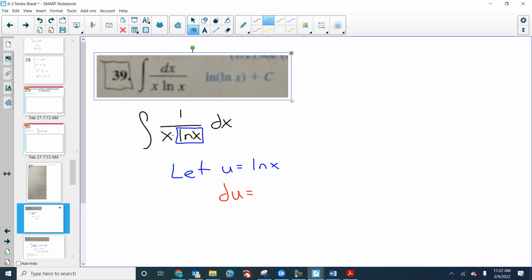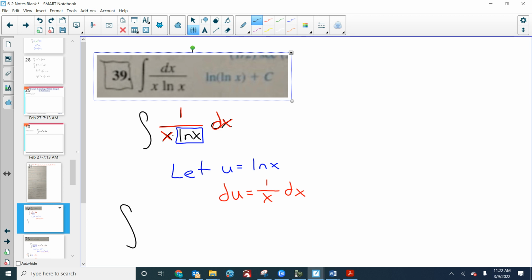Kylie, if I let u equal ln x, what's du? 1 over x dx. Ooh, this is promising. So here we go. I have an integral.